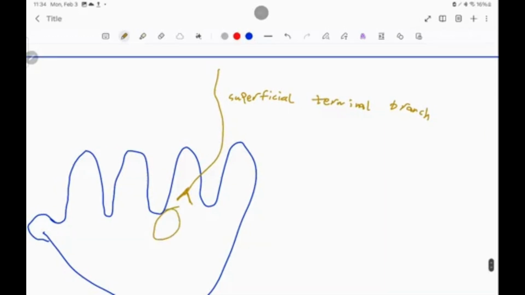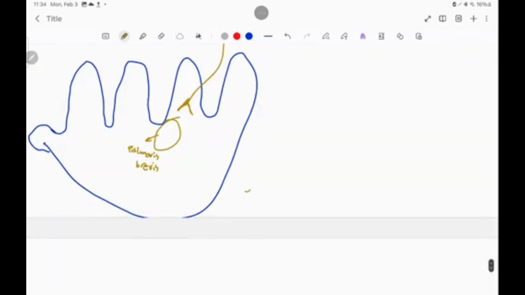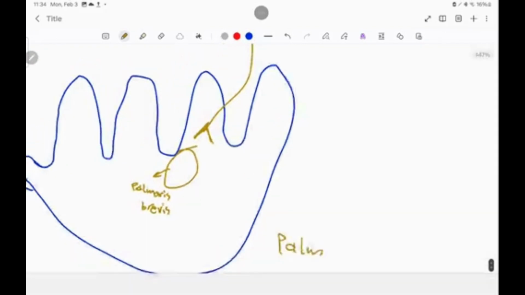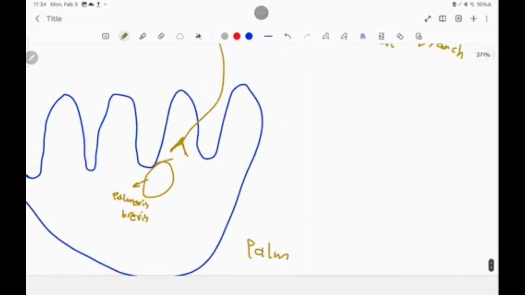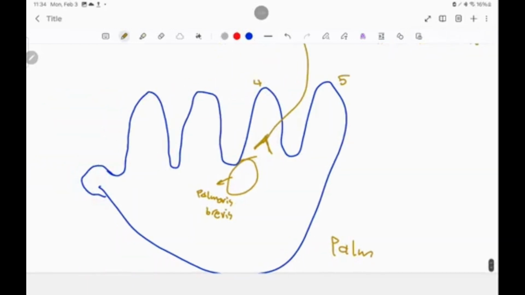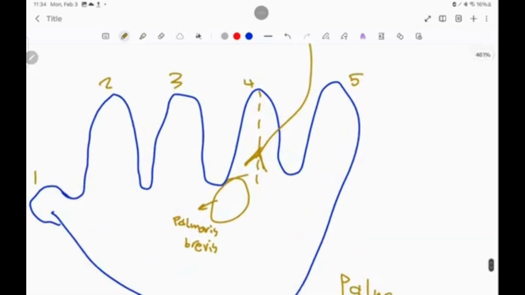It supplies what? Palmaris brevis. And this is the palm of the hand, and this is the 5th finger, and this is the 4th finger. Here's the thumb, 1, 2, 3. Always thumb is number 1. Okay, 4th finger, medial aspect of it.